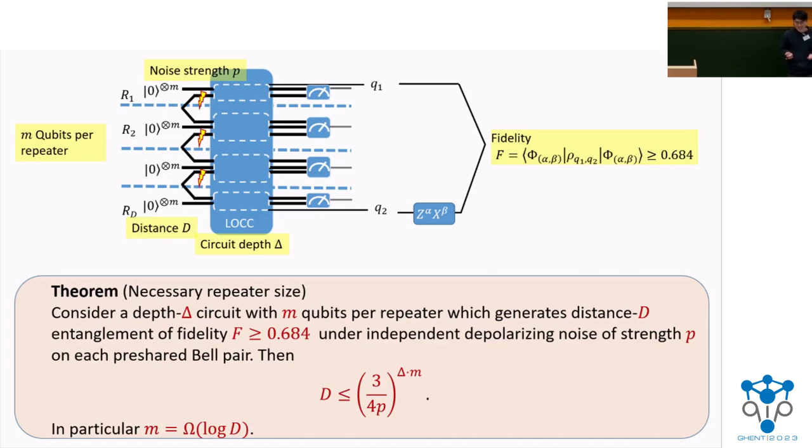If we have a noisy input state, which is affected by IID depolarizing noise on pre-shared Bell pairs like this, then to satisfy this fidelity inequality, the distance of the entanglement should be less than or equal to this number. In particular, we can say that the necessary number of qubits per repeater station is omega of log d.